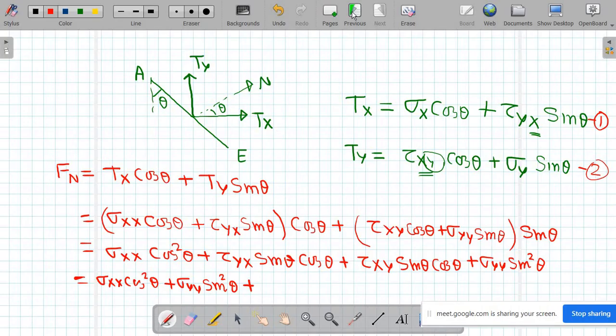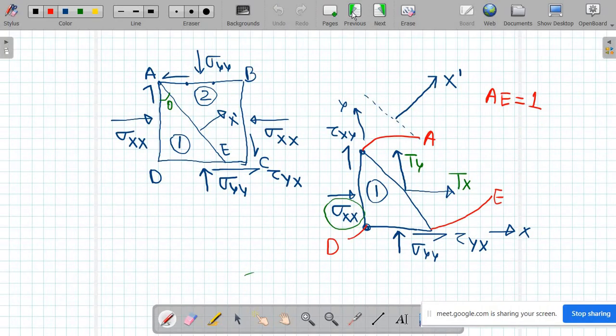If you look at the previous slide, as per our sign convention, we are considering shear yx and shear xy because both are orienting, these force are orienting in positive y direction with respect to x, 0 0. So we are considering both are equal.